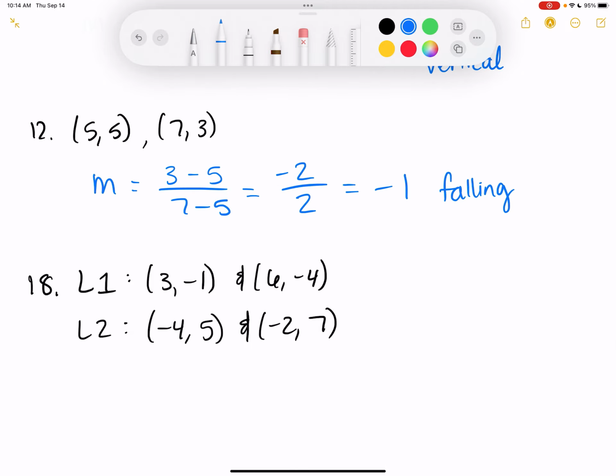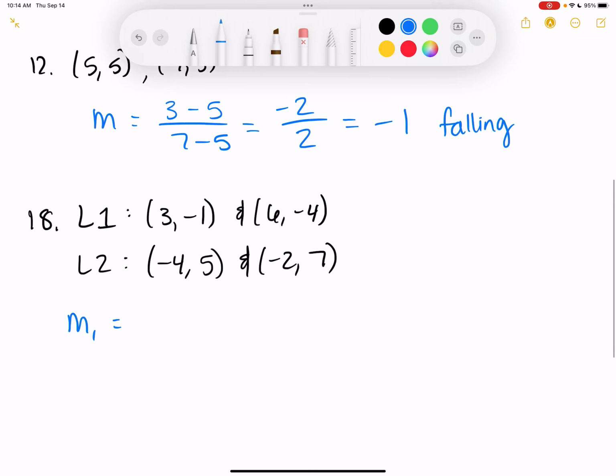So I'm going to find the slope of line 1. When I do it, I usually denote it with a little 1 to symbolize that, and then I'll do a little 2 on the other one. Totally up to you how you do them. So I've got -4 minus a negative, so +1 over 6 minus 3. That gives me -3 over 3, which is -1.